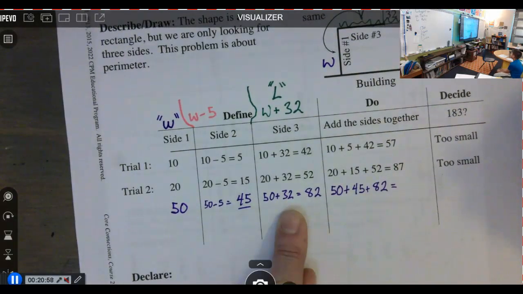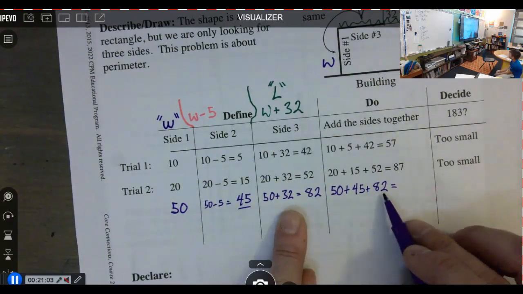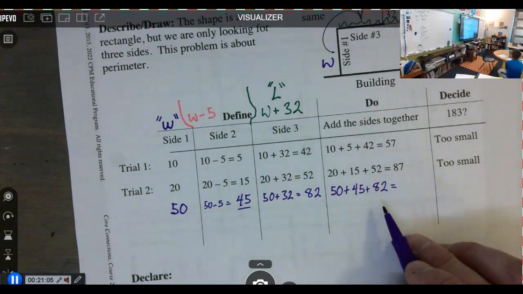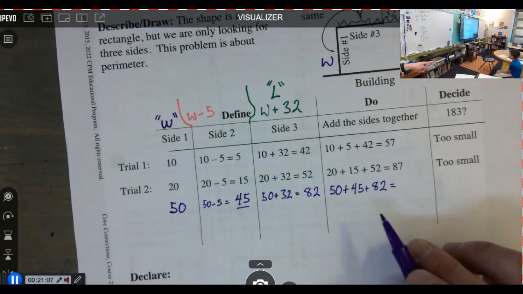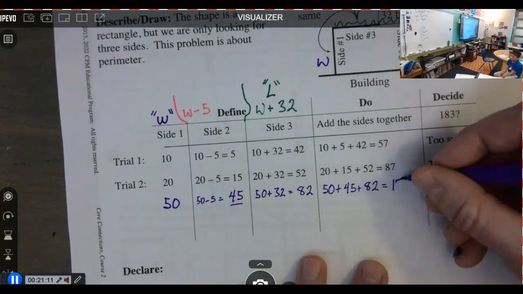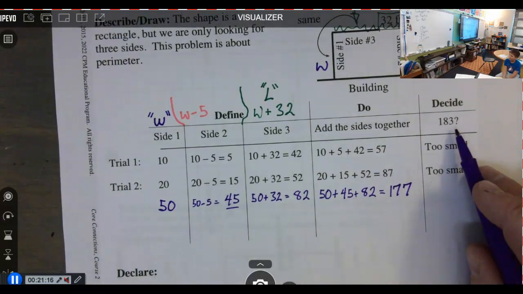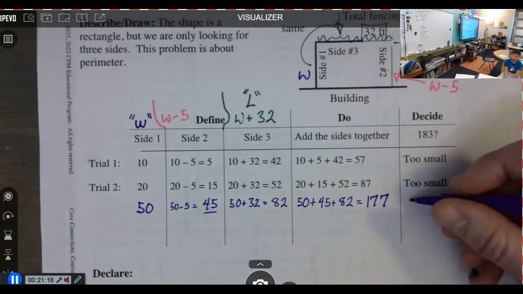Ooh, we're going to be close. Somebody add this up for us. Ooh, Sophie, thank you. 177. Did we get to 183? No. You try your next guess on your own.